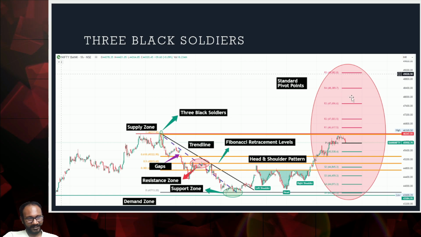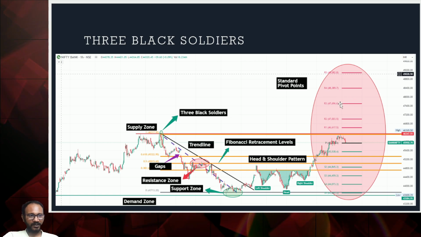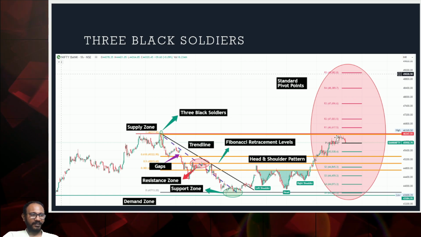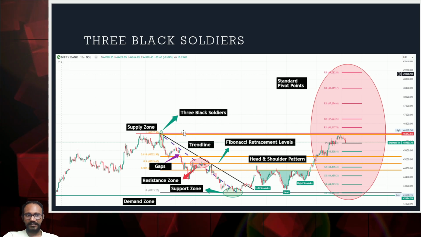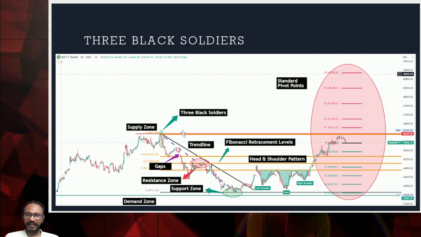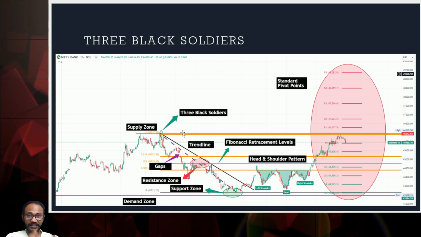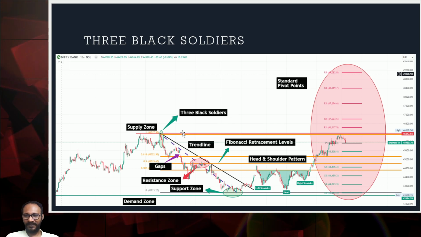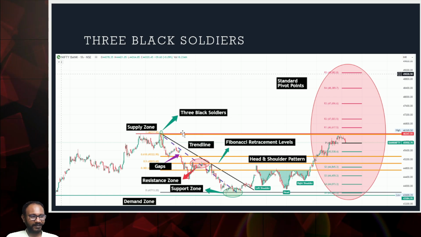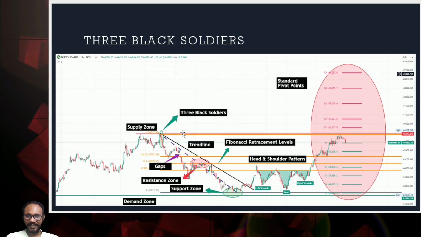All such factors add on, and on top of that, you also have patterns with the candlesticks itself. So all these collectively put together determine where the market is heading. Now, there are people who have studied Fibonacci retracement but have not studied demand zone and supply zone.